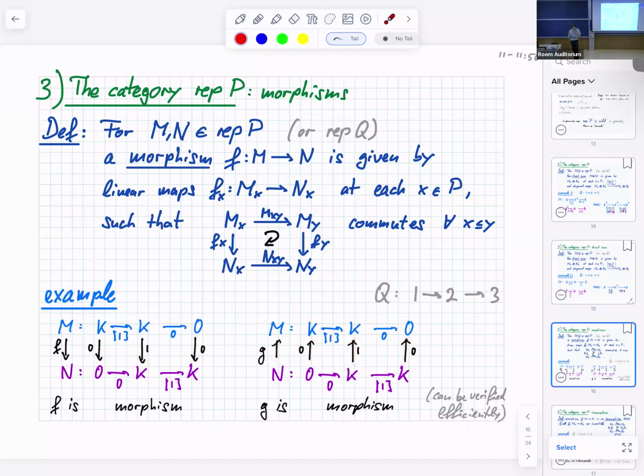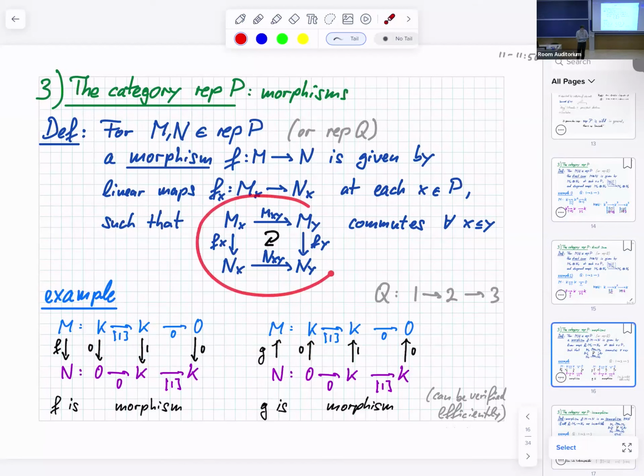Okay, good. So I gave you ample time to look at these two examples. Can you see the examples? Yeah, this is well visible. That's very good. So I have two such collections of maps, and now I ask you the question: are they morphisms?